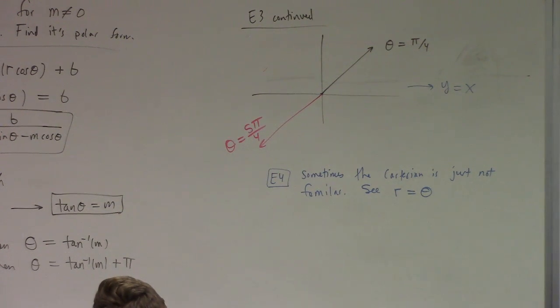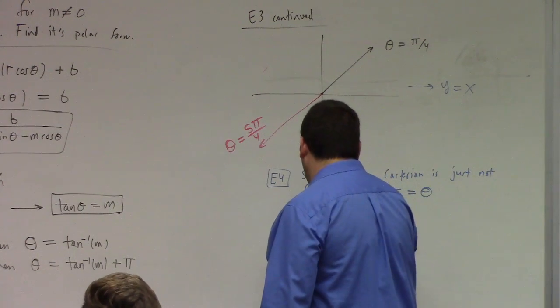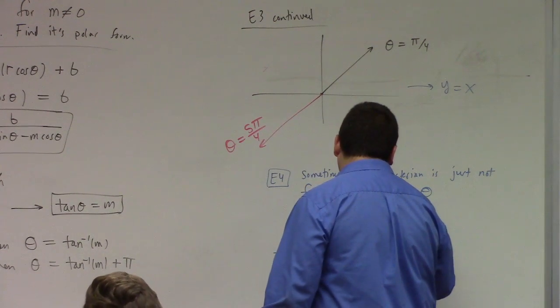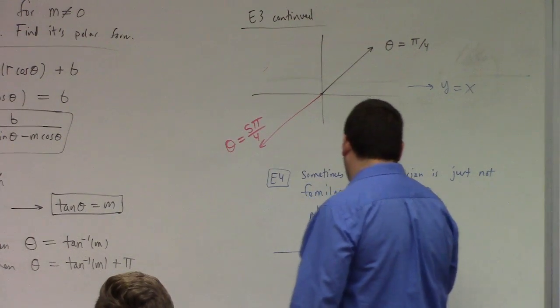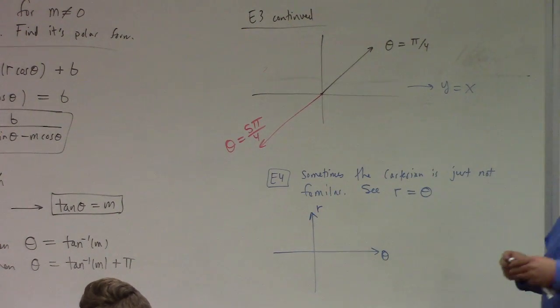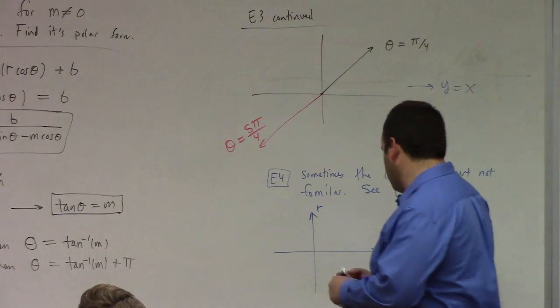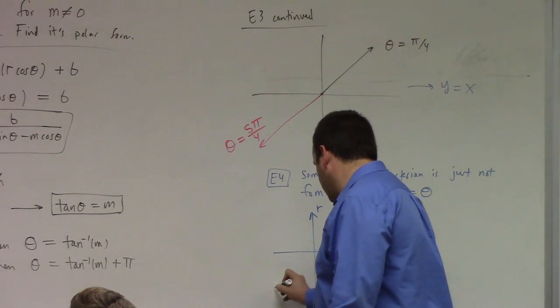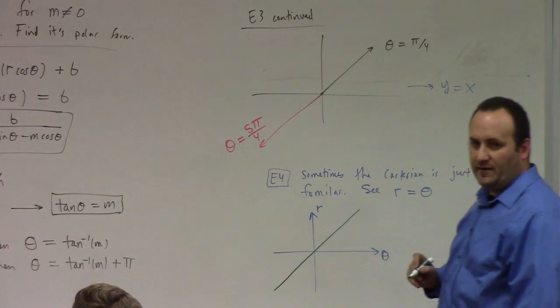Okay? So there's a procedure here we can do. What we do is we plot theta versus r in a graph like this. And it's very boring. r equals theta looks like what in the r theta plane? It's just this guy, right? r equals theta.